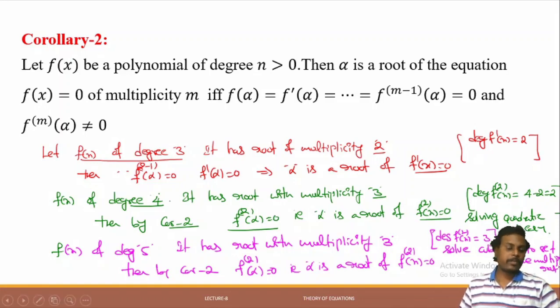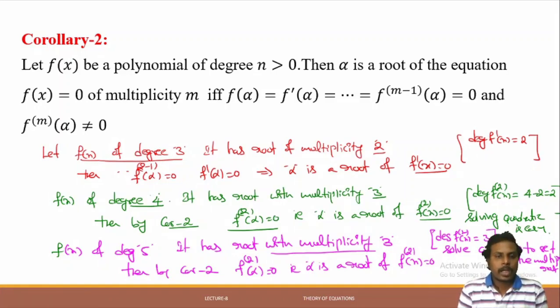So in the case of a degree 5 polynomial, if this is the information given on the root, then we have to solve a cubic polynomial to find the multiple root. So in this way it helps us in finding multiple roots of a polynomial equation. Okay. Suppose you are asked to find a multiple root of a polynomial equation whose multiplicity is m.